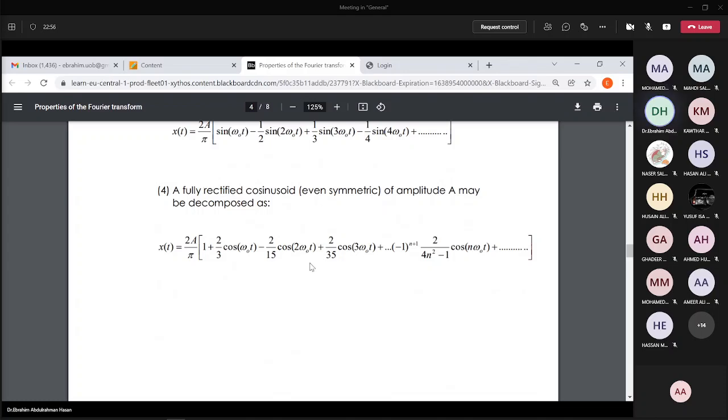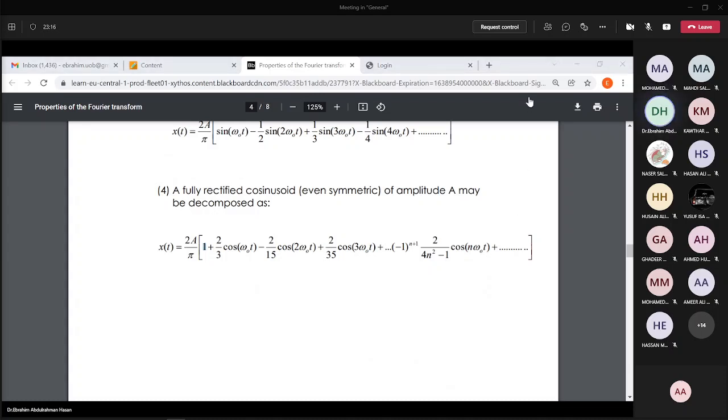For full wave again we have odd and even. Okay, cosine again same, but also here we have a DC. That DC is not equal to 0. Okay, but the way it's done is exactly the same.